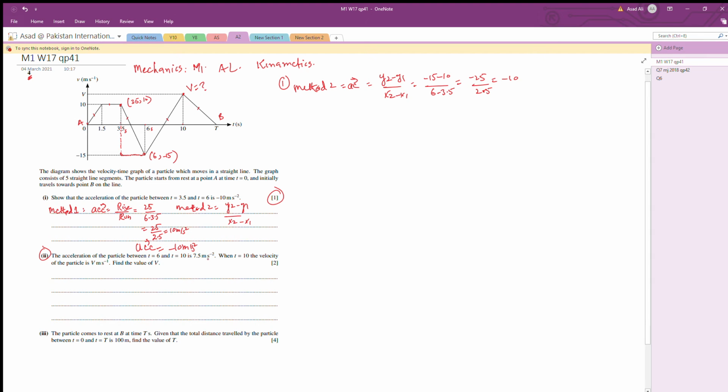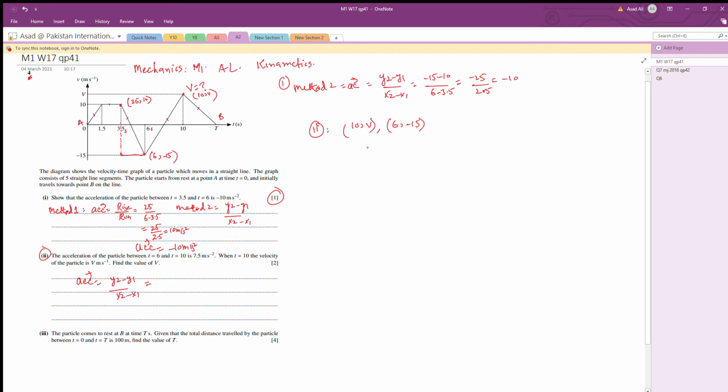Now how to do it? Again I'm using the same principle. Acceleration is given to us, and it's y2 minus y1 over x2 minus x1. This is the simplest method. One point is 10 and v, the other point is 6 and minus 15.